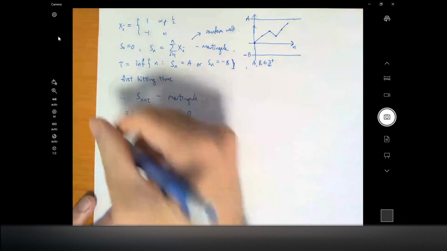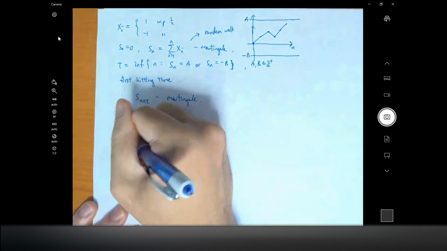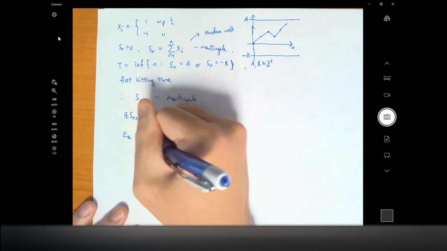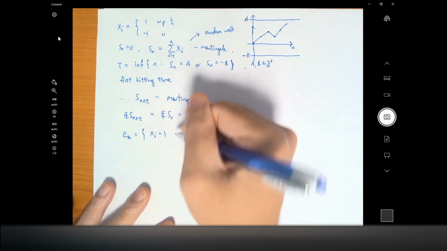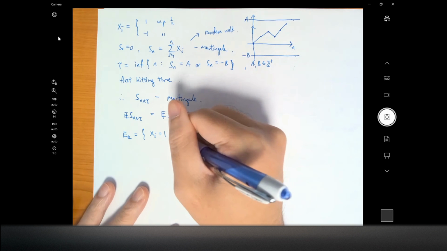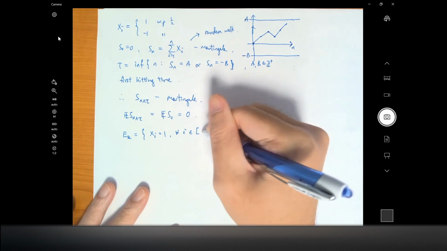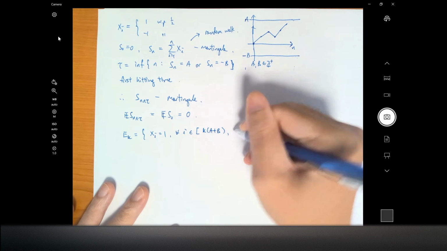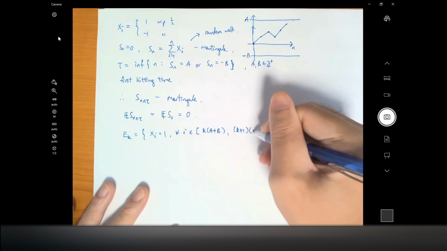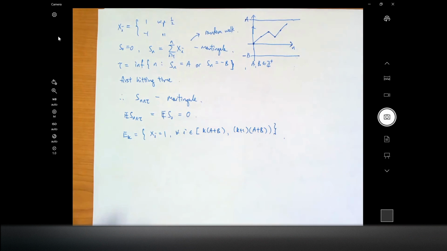So let Ek be the event whereby my Xi's are all equal to 1 for all i inside the interval k(A+B) to (k+1)(A+B).